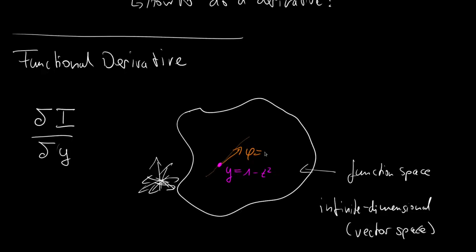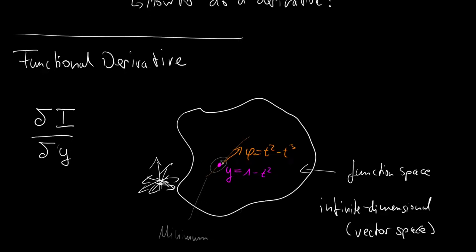This function is given as t squared minus t to the power of 3. If you add up these two functions, we get a new function, which is 1 minus t to the power of 3. And we know this is no longer a solution. So we also know that this is the minimum. I mean, we don't know it yet, but we will see in a second. What we can now do is similar to what we would use to define a derivative for scalar valued functions.